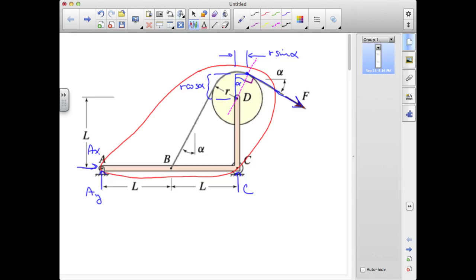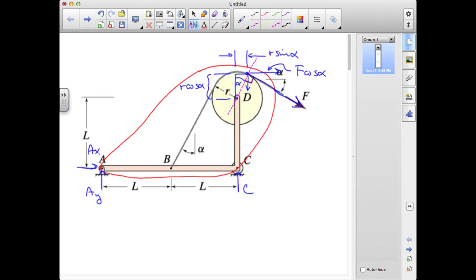Given that the cable comes off the pulley at a tangent, we can determine the x and y coordinates at which it comes off the pulley, and as the figure here shows, relative to D, it will be r sine alpha to the right and r cosine alpha above D.